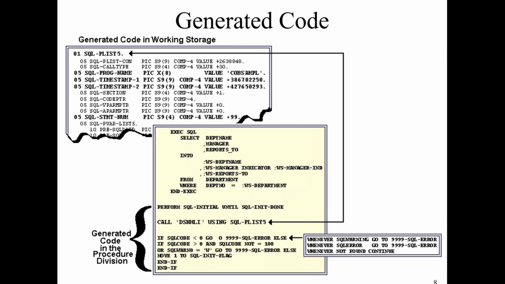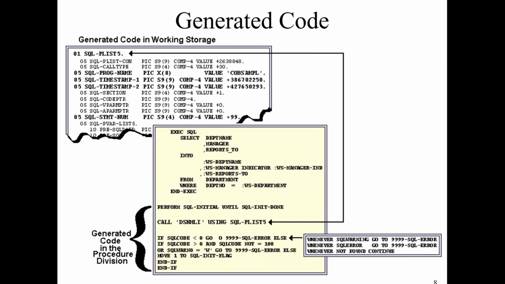It's actually going to go find that package in DB2, or look for it anyway, and execute it. And you notice that it has a whole structure of things that it passes in and out of DSN-HLI. So basically it's going to be saying, please run this program with this consistency token and this statement number.